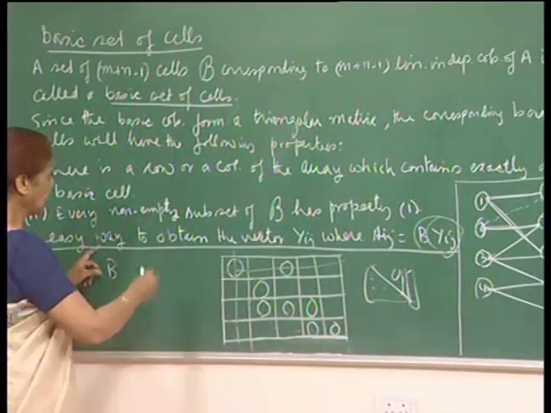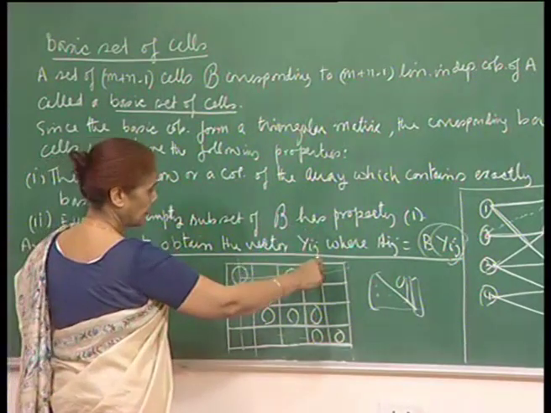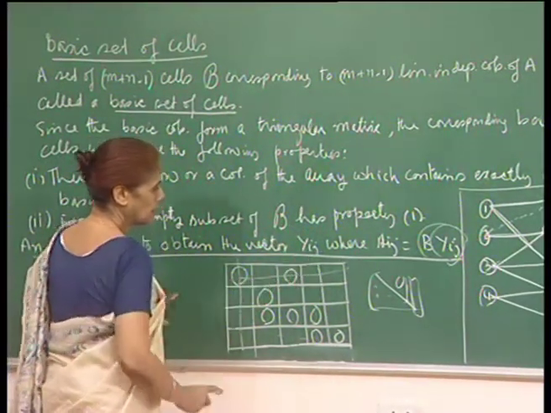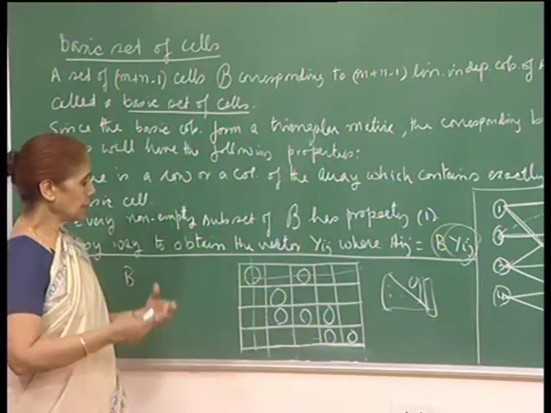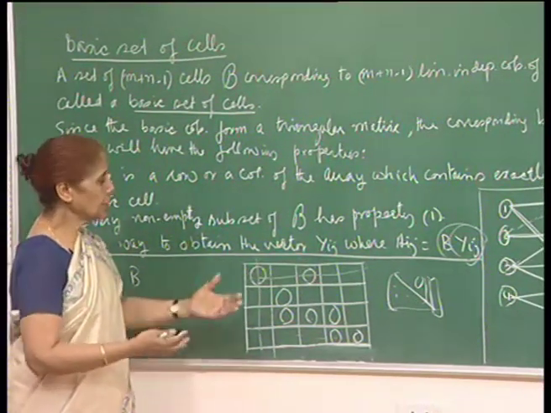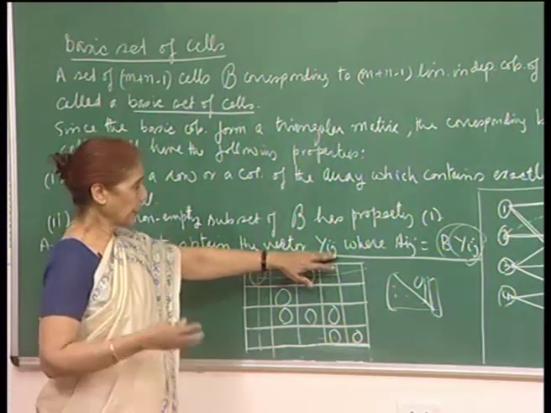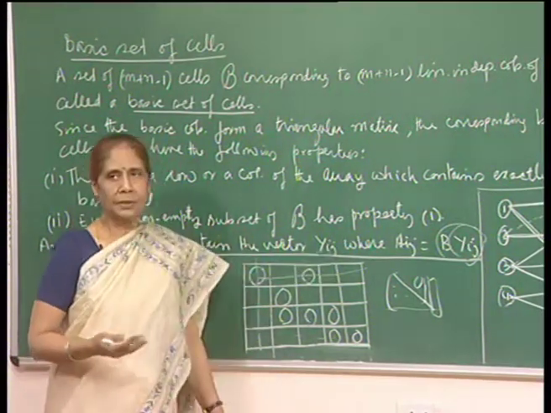So, the next step would be to find out how we write down the components of Yij, and for this I will need the concept of a minimal dependent set, and also we will formalize this computation of the components of Yij.